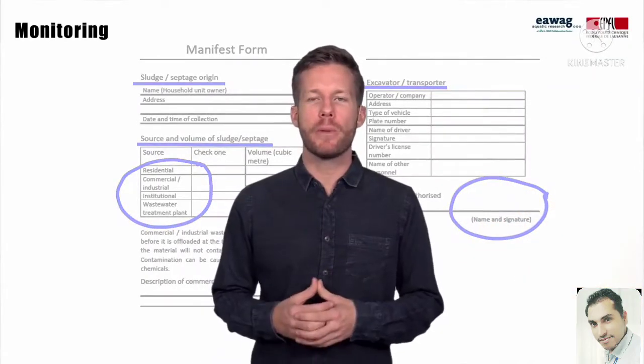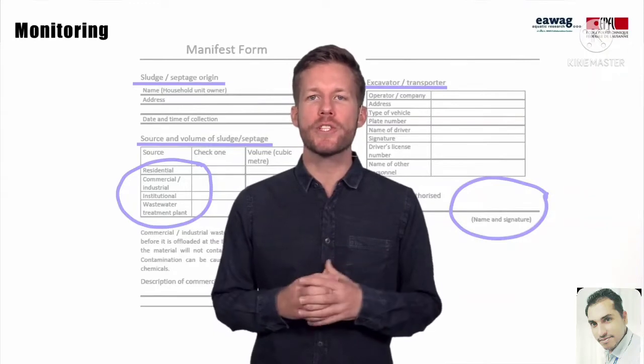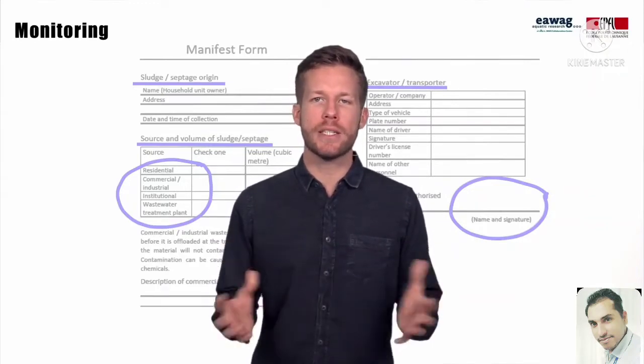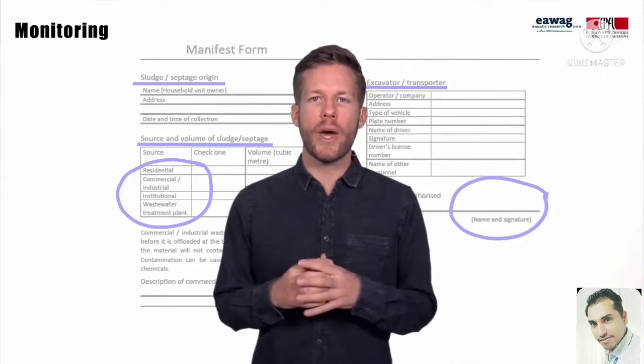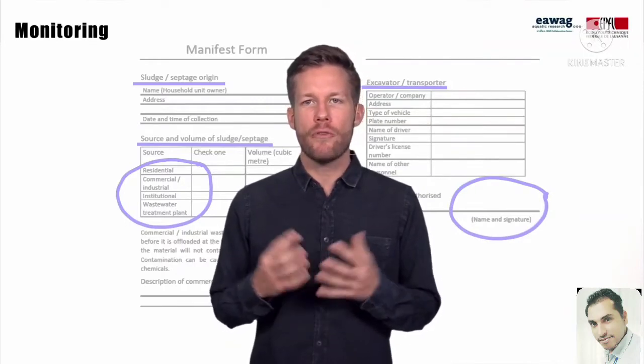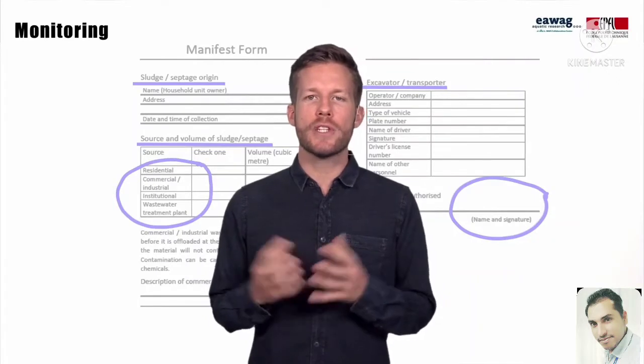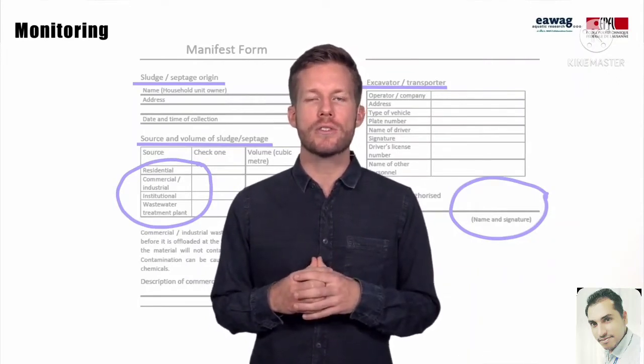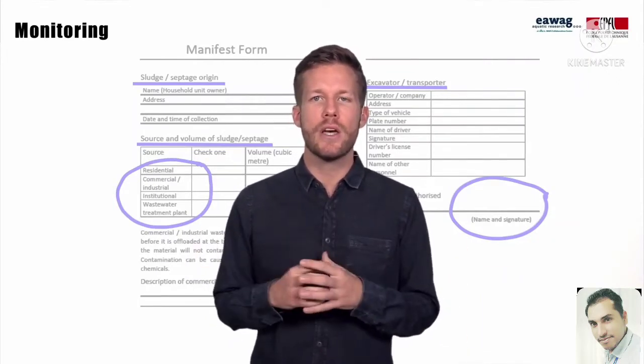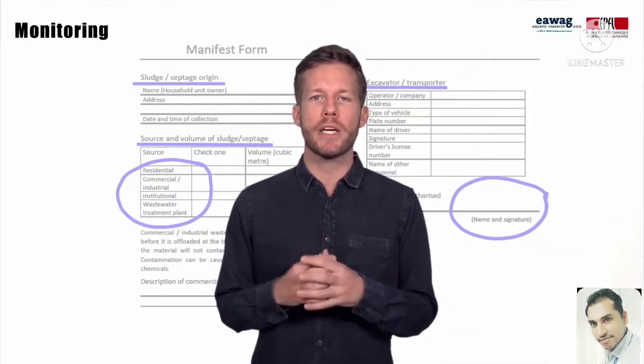Upon arrival at the treatment plant, the treatment operator has to approve this manifest form in line with the capacity of the treatment plant. This could be a way to identify industrial contaminations, for example when sludge from industries is delivered. The contribution of sludge from different on-site sanitation technologies, so for example septic tank versus pit latrines, could also be important as it has implications for treatment.